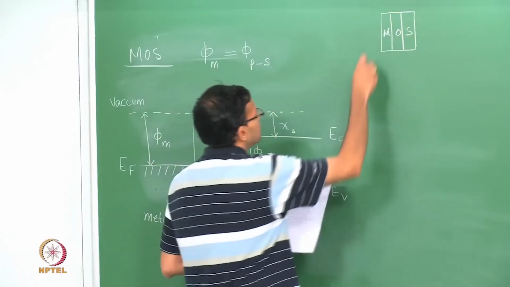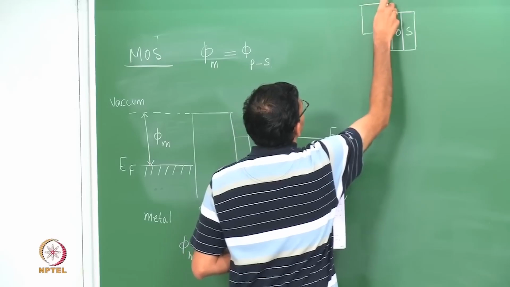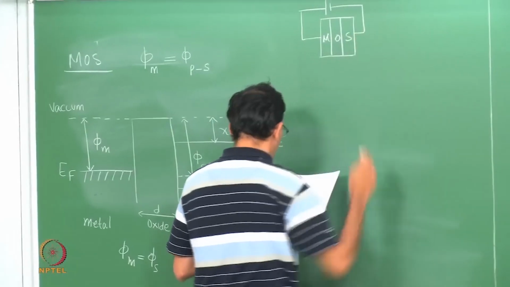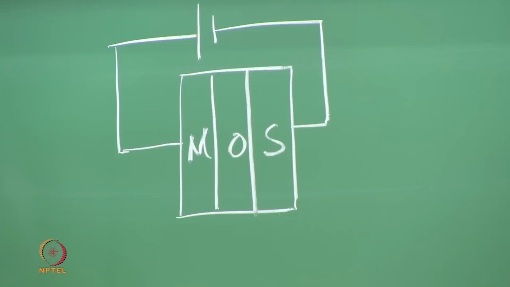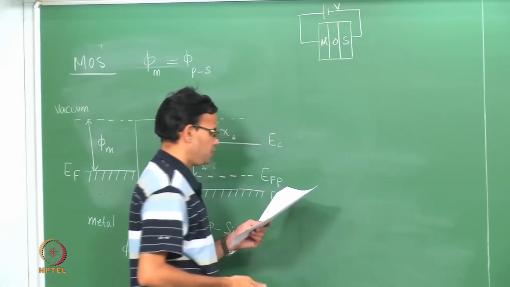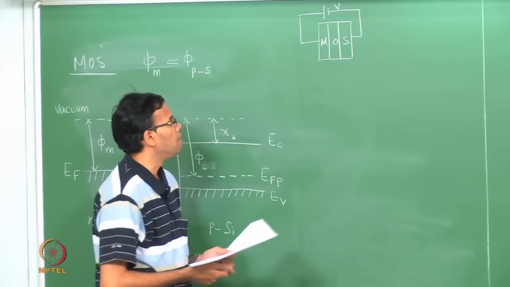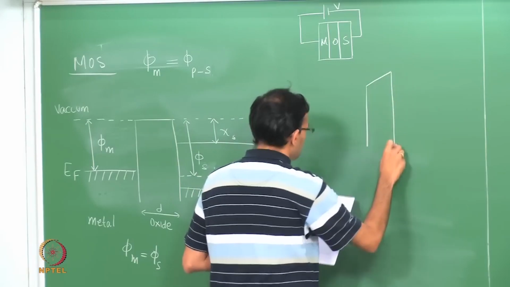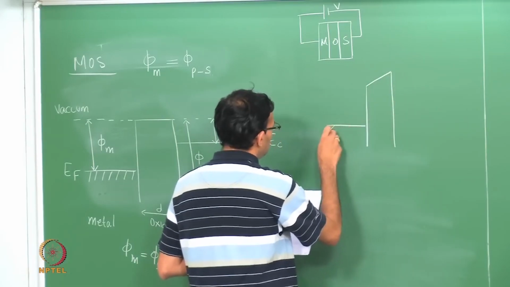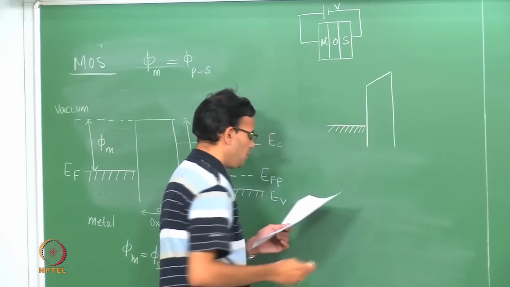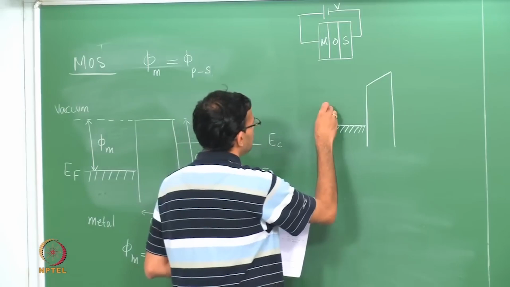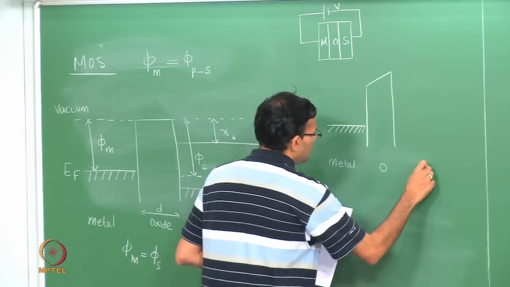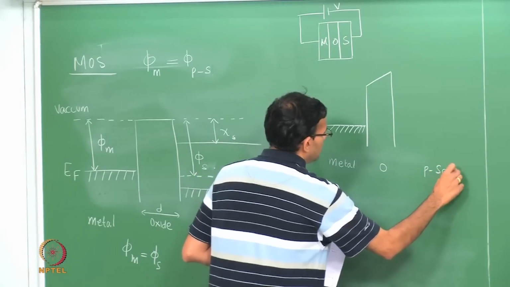We are going to bias this in such a way that the metal is connected to positive and the semiconductor is connected to negative, some voltage V. So, if we were to draw the band diagram in this case, we are applying an external potential so that the Fermi levels no longer line up. This is my metal oxide and p type semiconductor.